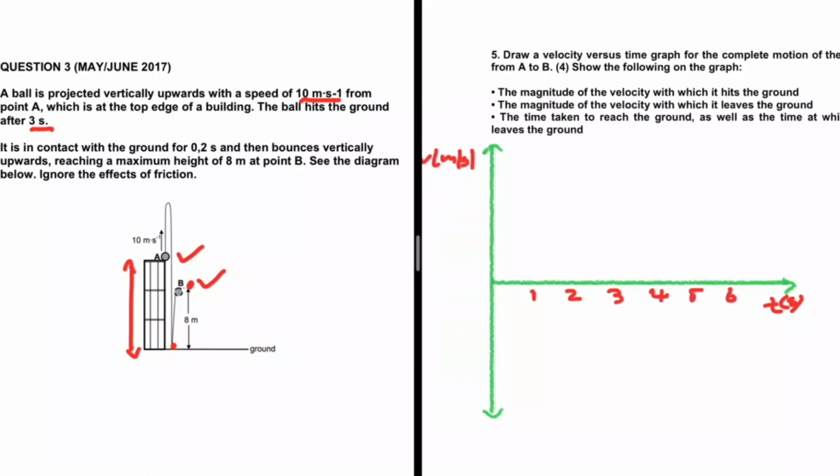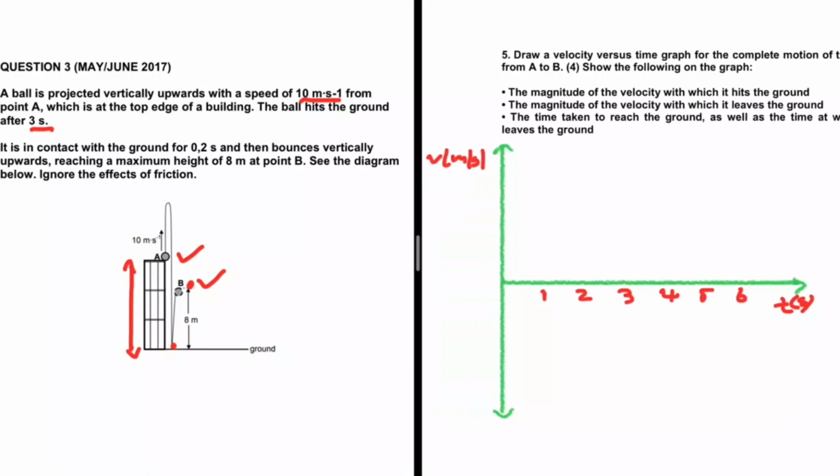Okay, and then its initial velocity, we're taking up as positive. Its initial velocity is 10 meters per second. That is its initial velocity. Okay, so it starts here, and then gravity is acting against our motion, right? Our object is going up, gravity is going down. So the velocity decreases until it reaches its maximum height.